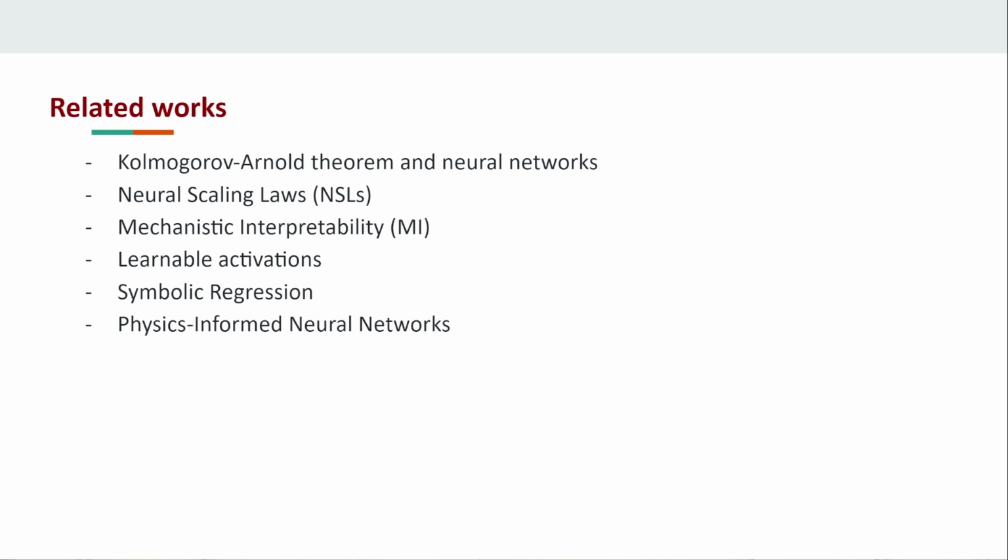And so CANs are very similar to neural network-based symbolic regression methods, but they differ from previous works in that these activation functions are continuously learned before symbolic snapping, rather than manually fixed by the user.